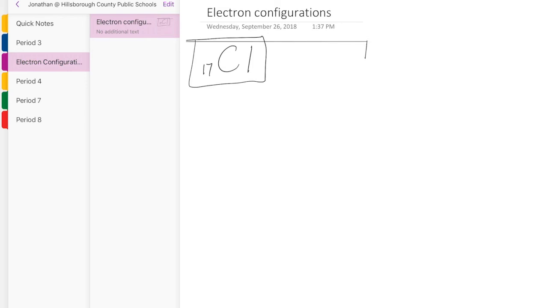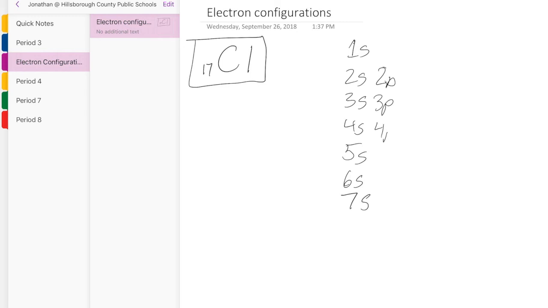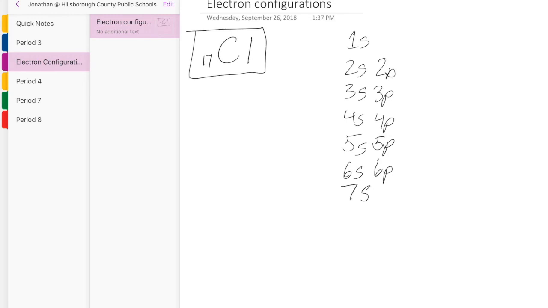You're going to have 1s, 2s, 3s, 4s, 5s, 6s, and 7s. At 2, you're going to start putting p's. So you've got 2p, 3p, 4p, 5p, and 6p. But we're going to stop there. Then you're going to go over to 3, because remember, we were talking about orbitals.